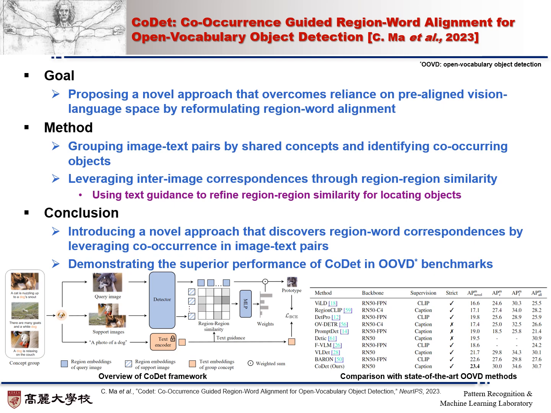So, in conclusion, the method proposed in this paper introduces a novel approach to aligning regions and words by exploiting the co-occurrence of image-text pairs.